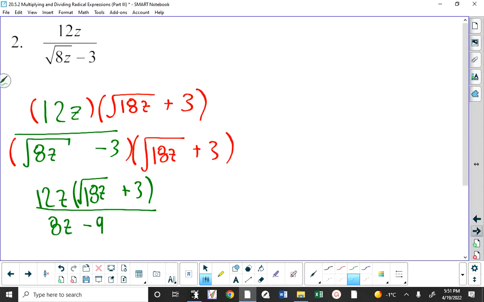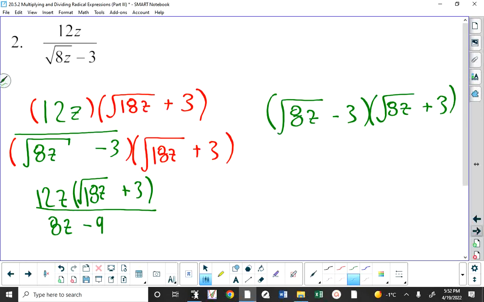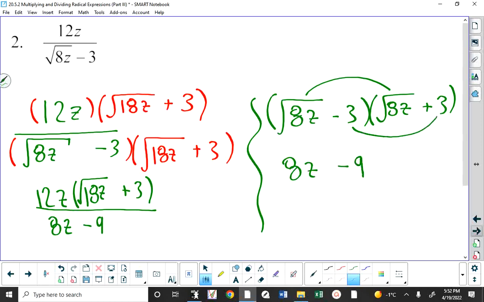We know that when you take root 8z minus 3 times root 8z plus 3, there's no need to do outer and inner. All you have to do is do first, root 8z times root 8z is 8z, and last, 3 times negative 3 is negative 9. It's a little bit different.